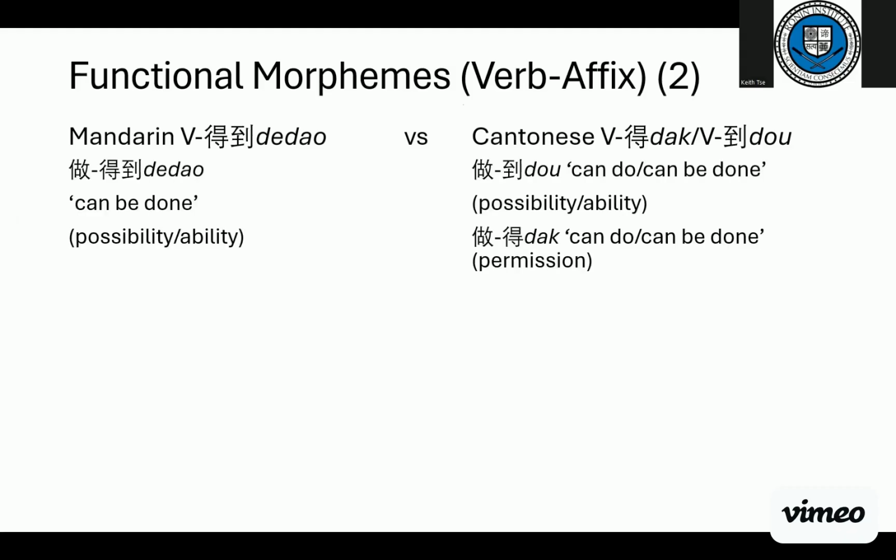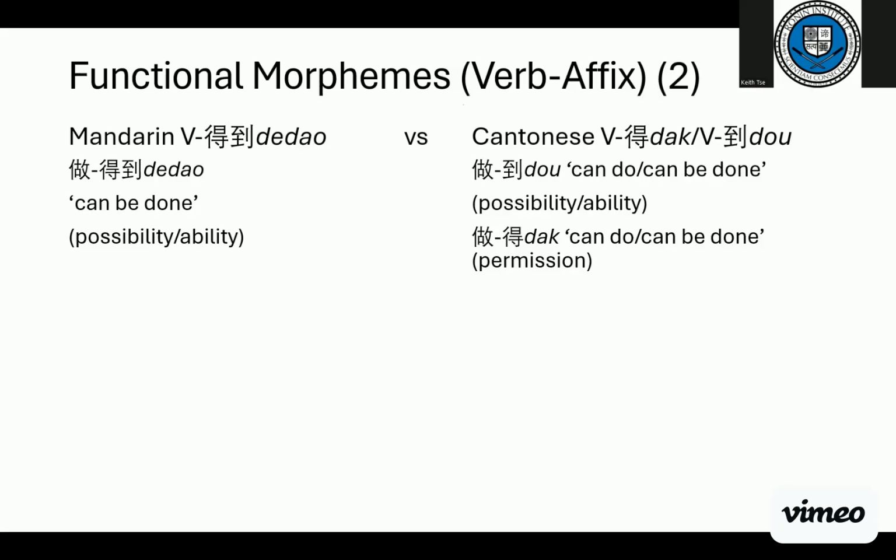Now, 得到 in Mandarin denotes some possibility or ability. Okay, so 做到 means can be done, doable. In Cantonese, however, we say 做到 or 做得, and they mean slightly different things. 做到 means can do or can be done. So 做到 is the equivalent to Mandarin 得到.